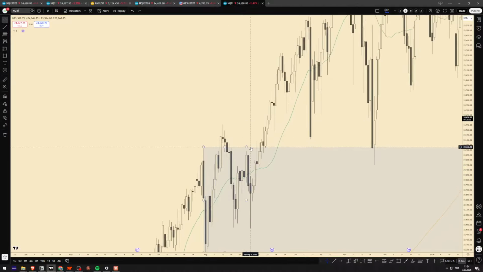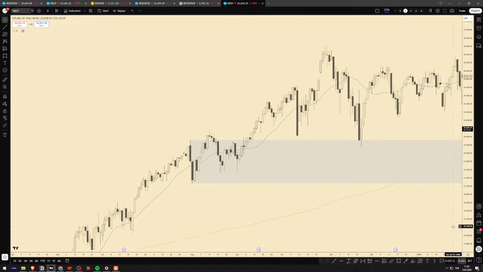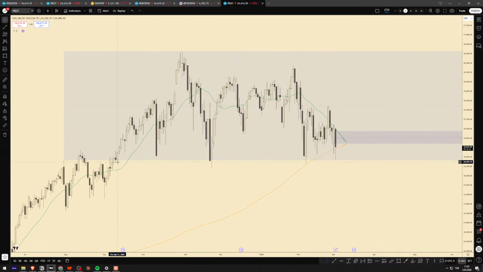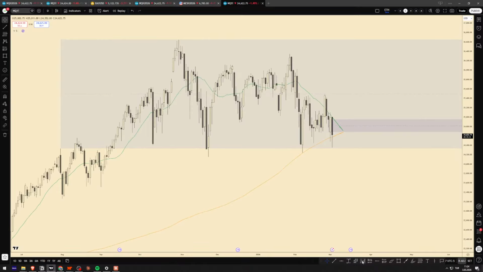Above this range over here, or this range, it doesn't matter, but I want to show it like that. Price created a new range and price has been inside of this range quite a while. Look at this price. How long has it been in here? September. I don't know, my math is really bad.